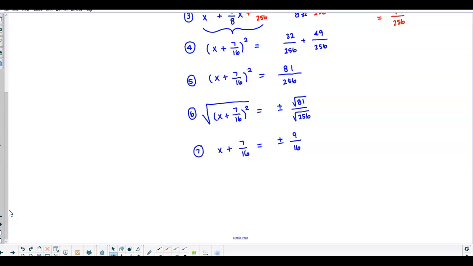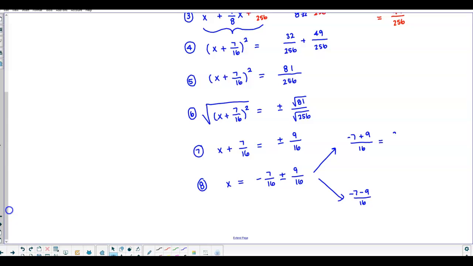And so now we're going to subtract 7/16 from both sides. We're going to have negative 7/16, and you write that in the front, plus or minus 9 over 16. So we end up with two solutions. We have negative 7 plus 9 over 16, and we have negative 7 minus 9 over 16.